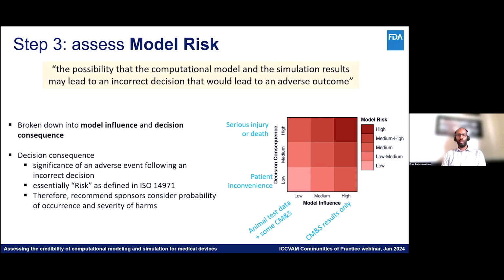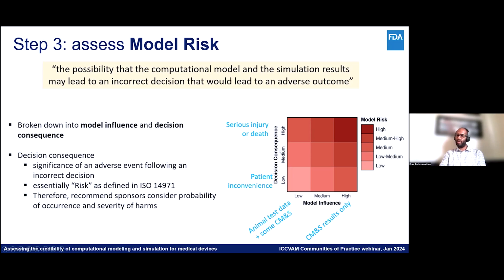Next is assess model risk. That's defined as the possibility that the computational modeling and simulation results will lead to an incorrect decision that could lead to an adverse outcome. And following the approach of V&V 40, this is broken down into two factors, something called model influence and something called decision consequence. So first of all, decision consequence is the consequence on the patient of an incorrect decision being made.